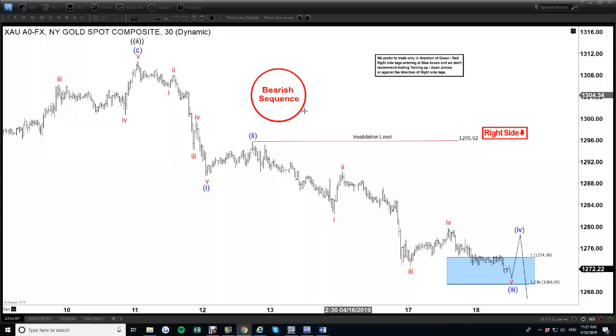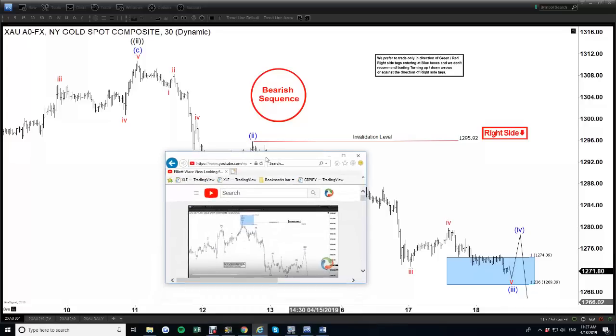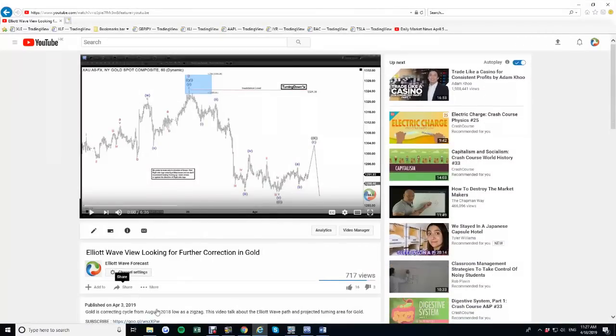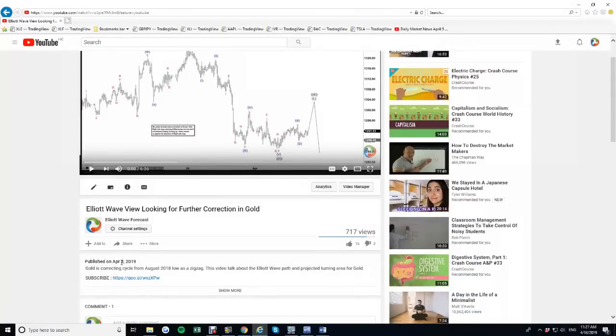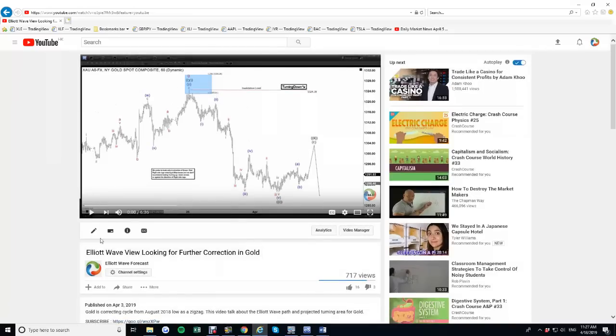And we've been mentioning this a few weeks ago. If you look at the history of the video, this is the one that we got right here, from April the 3rd, early this month. This is showing the Elliott Wave view looking for the correction in gold.